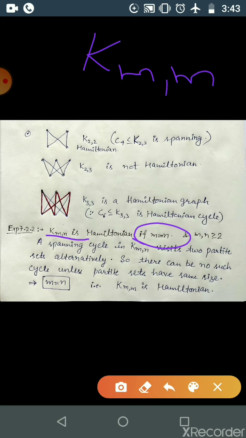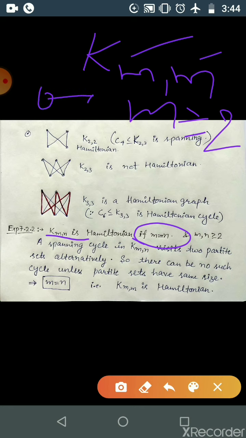This is Hamiltonian if and only if both partite sets have the same cardinality, or same number of vertices. And M should be greater than or equal to 2, because in case of 1 we are just getting K2, that is not Hamiltonian.